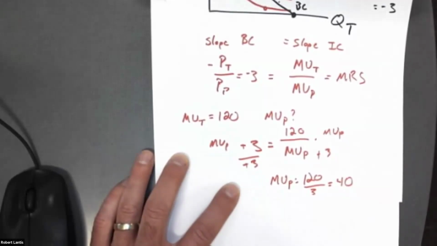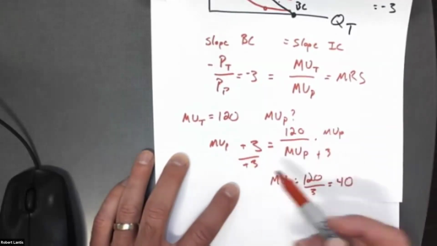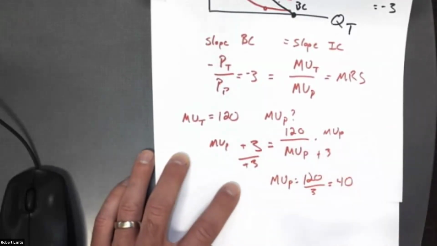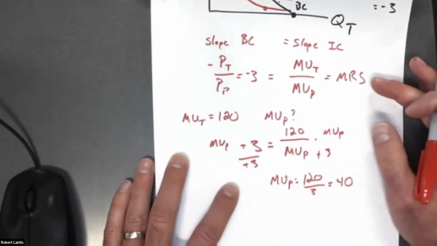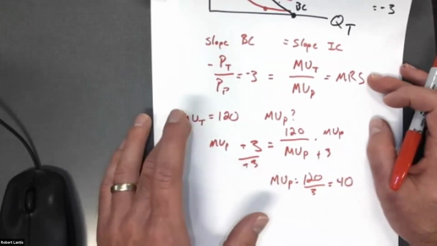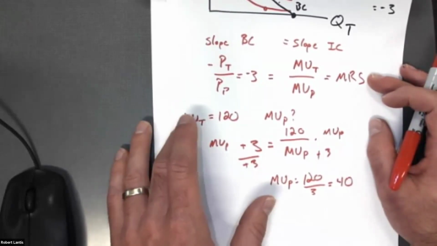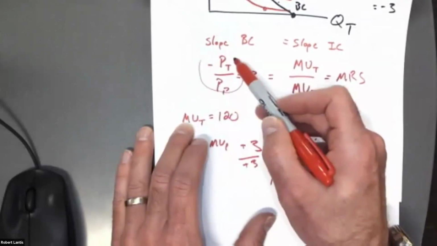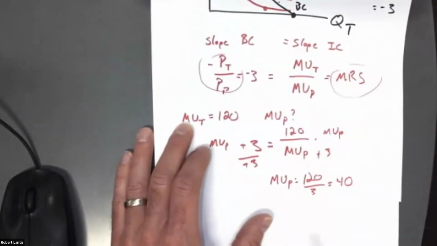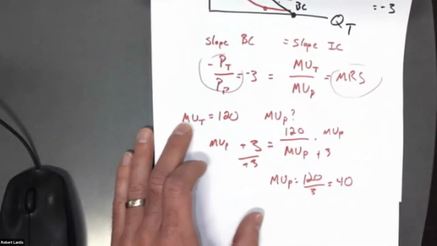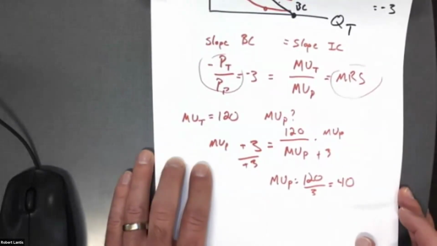So I could also do something like that, where I give you the prices. Instead of asking you for the marginal rate of substitution, I give you the marginal utility of one good because you know those relative prices should be the same as that marginal rate of substitution in absolute value. You could back out what the marginal utility of the other good must be.